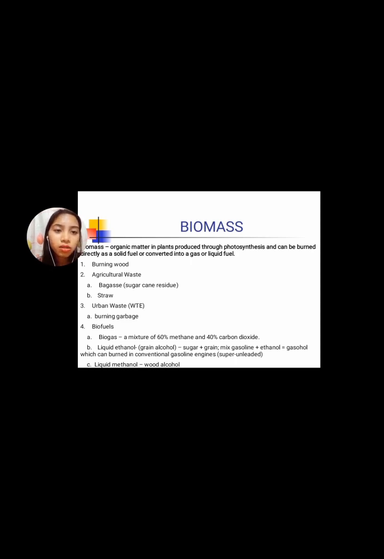Liquid ethanol, such as grain alcohol from sugar or grain, mixed with gasoline as ethanol or gasohol, which can be burned in conventional gasoline engines. And lastly, liquid methanol, or wood alcohol.